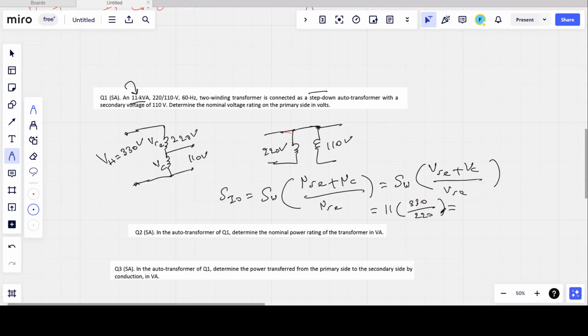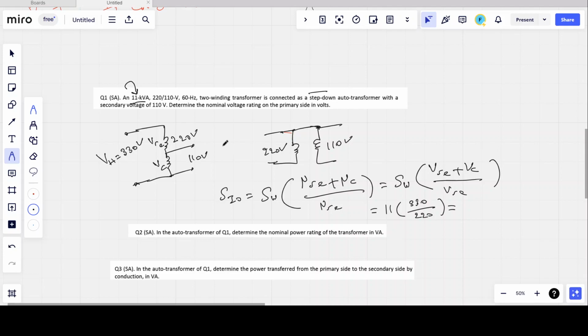Let me take my calculator quickly. 11 times 330 divided by 220, and I'm getting 16.5.